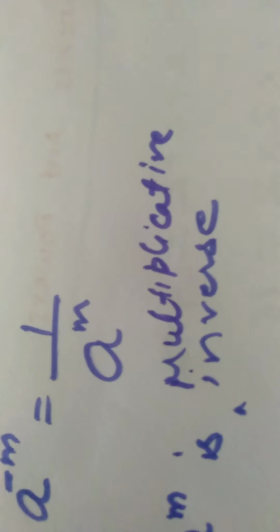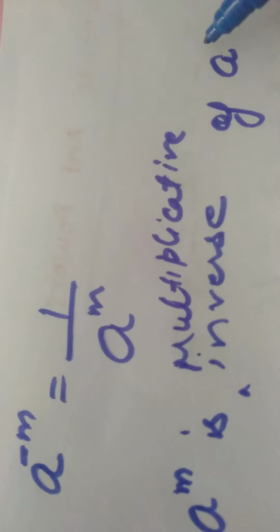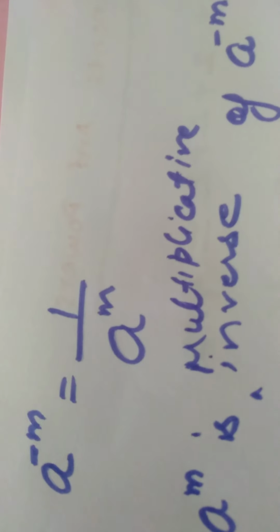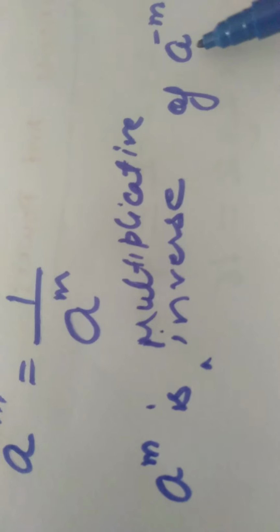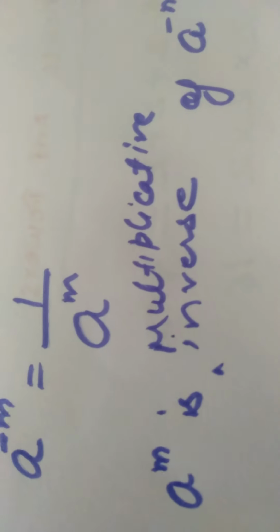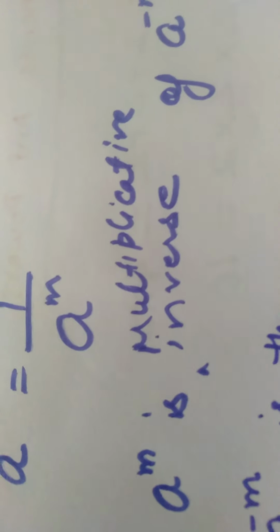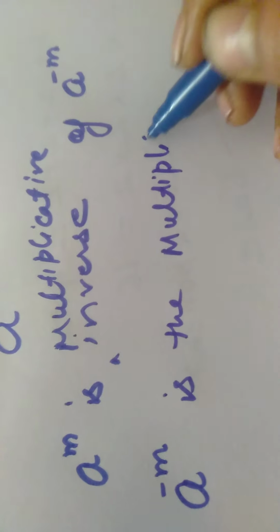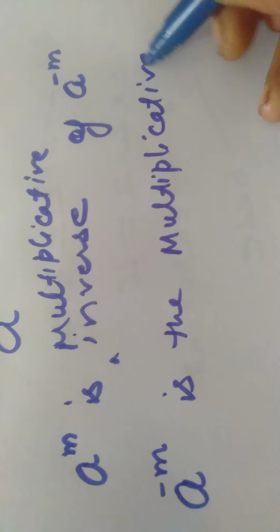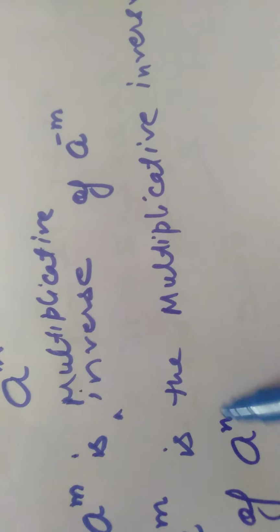A to the power m is the multiplicative inverse of a to the power minus m, and a to the power minus m is the multiplicative inverse of a to the power m.